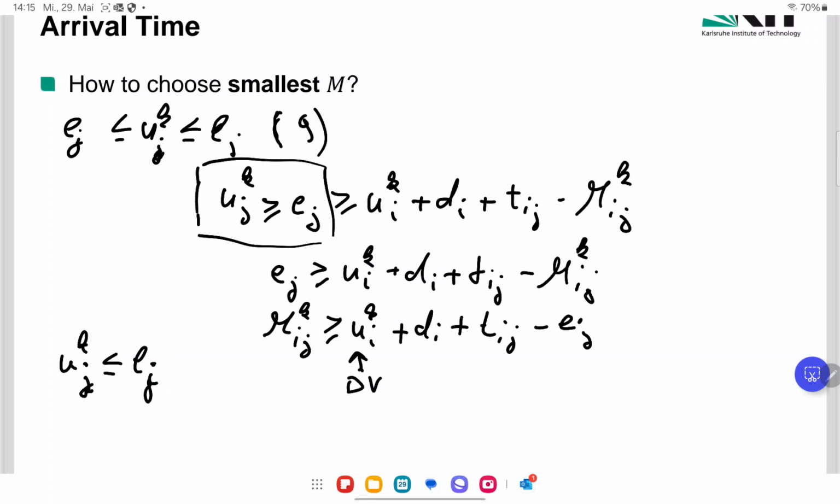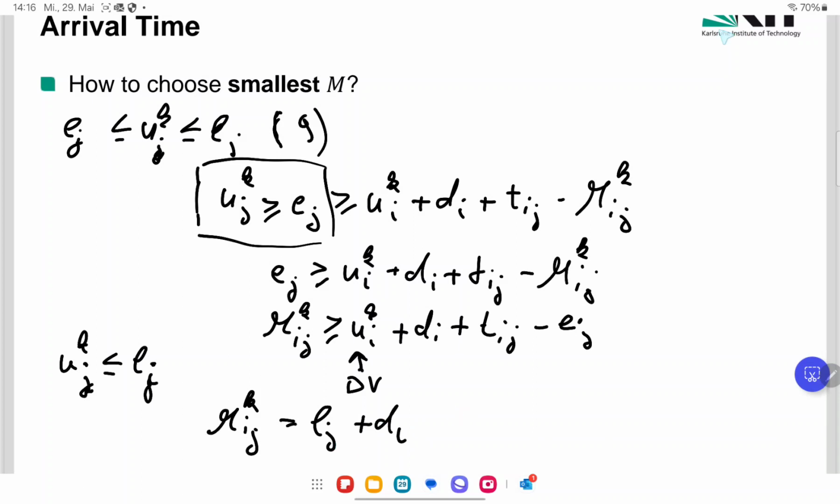So we know that we have an upper bound of U, and we can simply replace that in our formulation so that our big M is now this latest time we can serve J instead of U. So we replace the decision variable by its upper bound, and everything else remains the same.